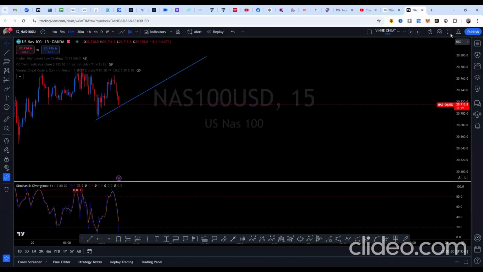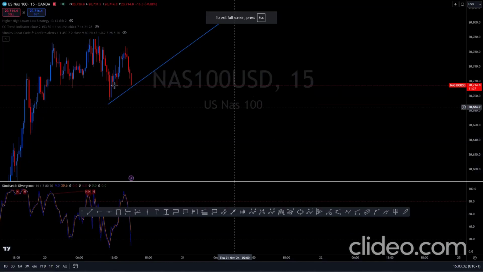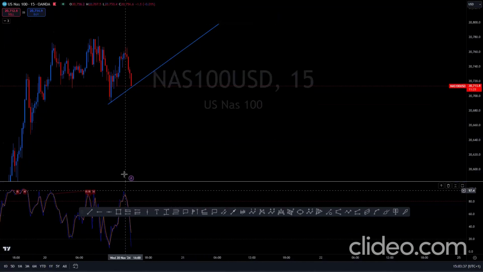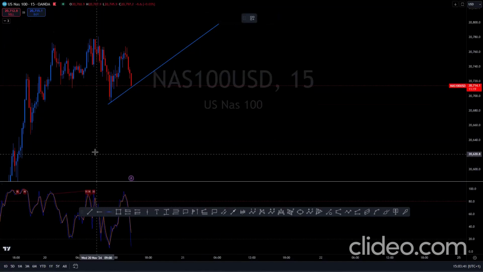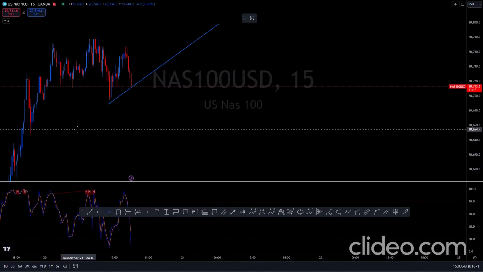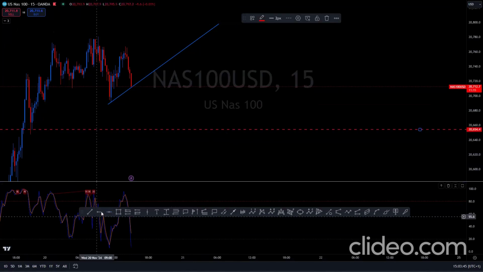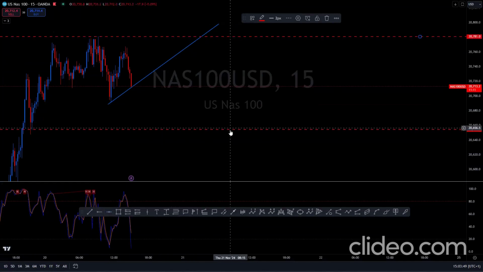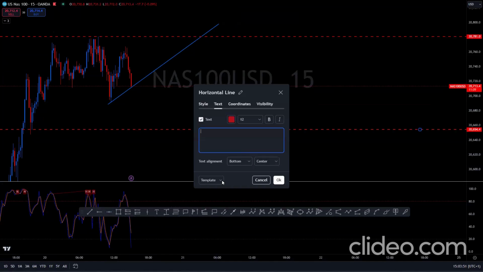But now, what we're going to do is draw our trading ranges and our liquidity levels. So let's see the sell side liquidity here, and then buy side liquidity up here. And let's mark these up.